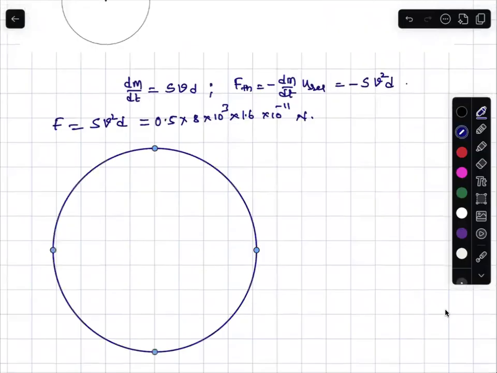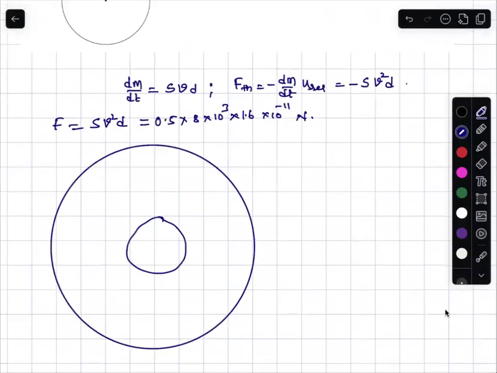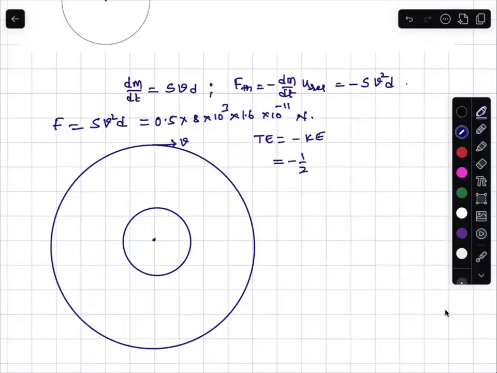Now, at a particular instant, when the satellite is at a particular distance, say V stands for its orbital velocity. Can you please help me in writing the total energy at this point of time? It is circular at that point. The total energy is minus of kinetic energy, minus of half m v square.